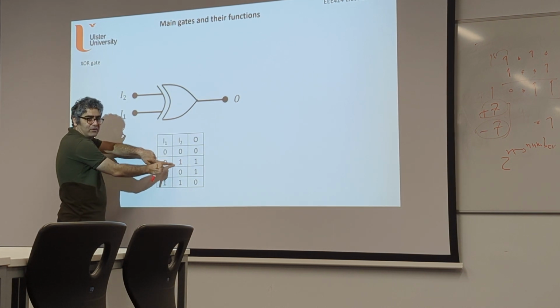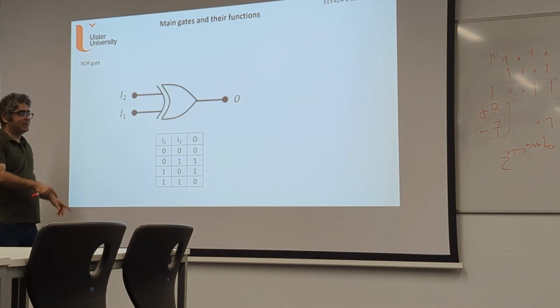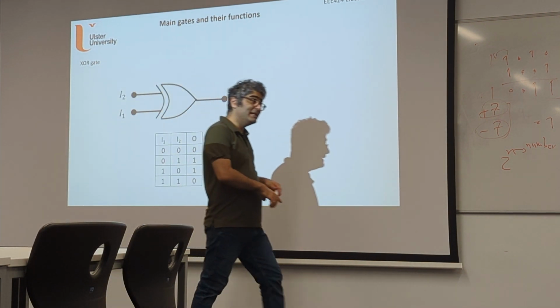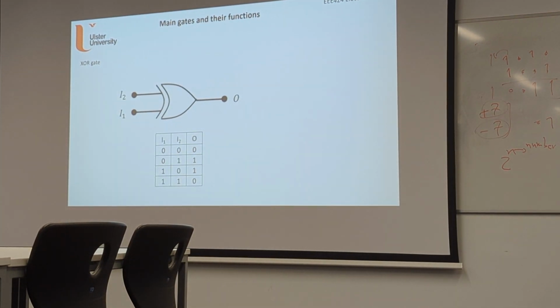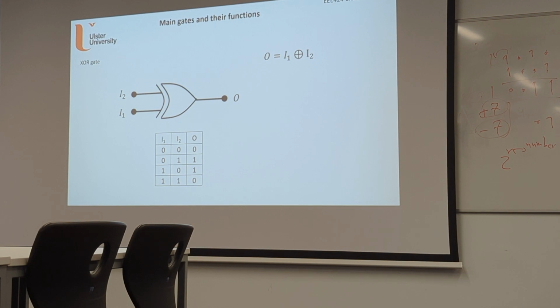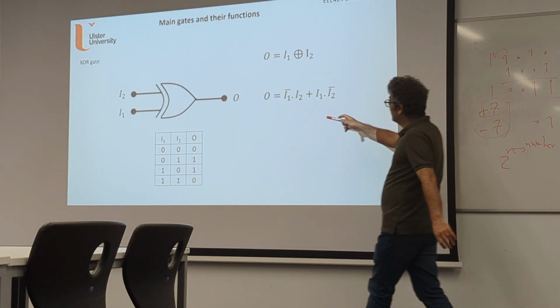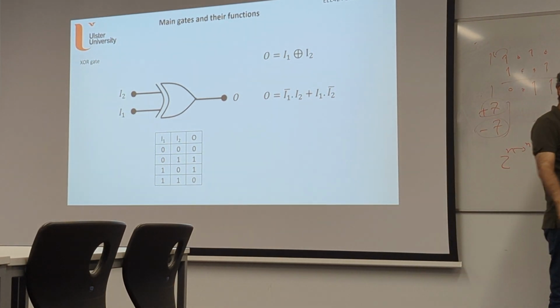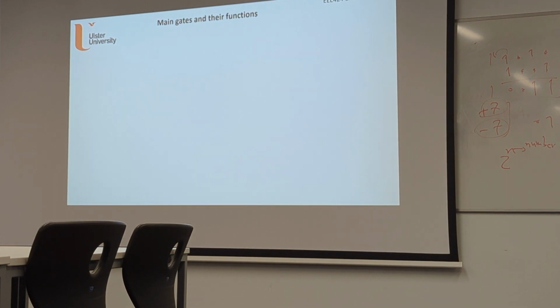When one of them is 1 and one of them is 0, the answer is 1. So imagine if we have 3 inputs, in the case that we have an odd number of 1s in the row, the answer would be 1, otherwise it would be 0. It's an XOR, okay? And it's a representation of XOR. Imagine inside the circle there would be a plus sign. And then its representation would be I1 not, I2 plus I1, I2 not. These are important, it's just to remind you because I know you already know that.